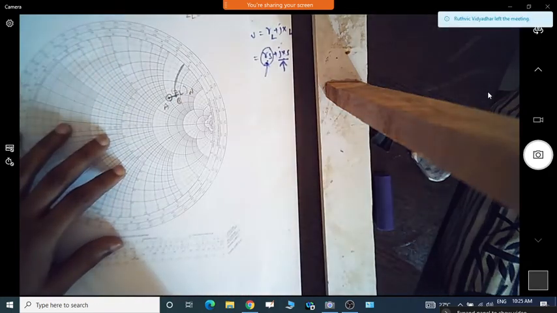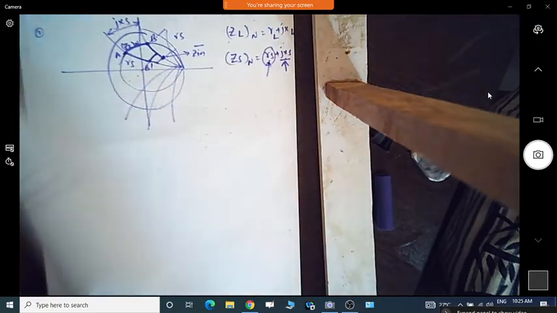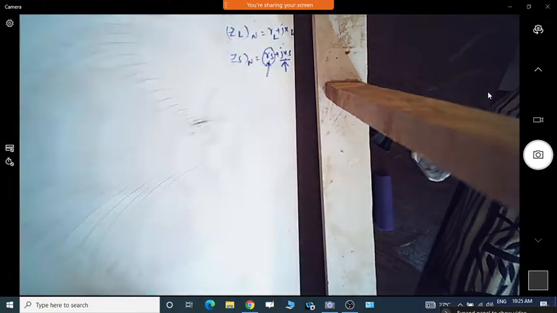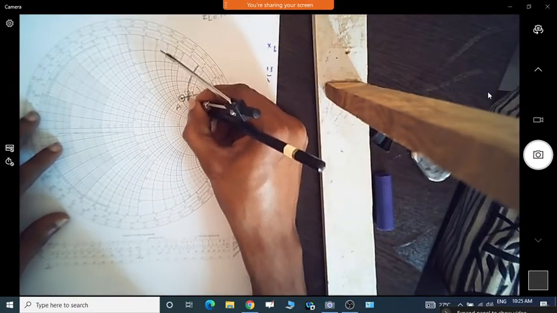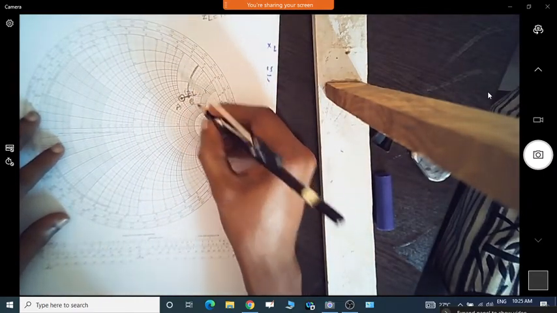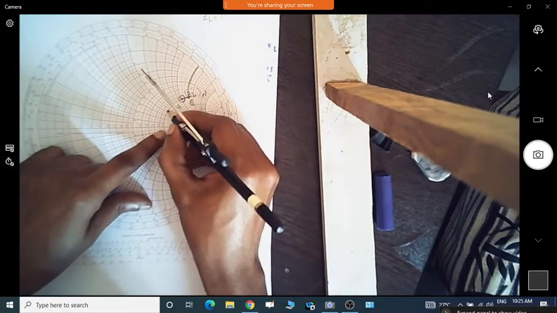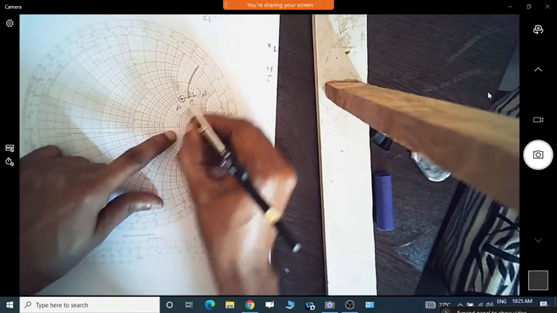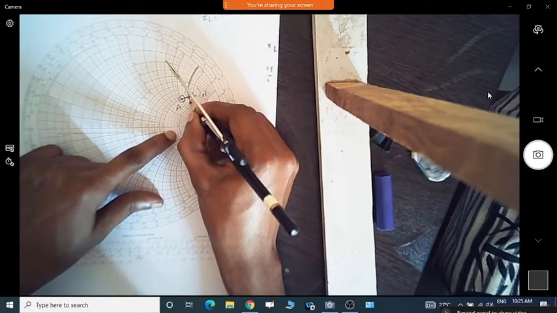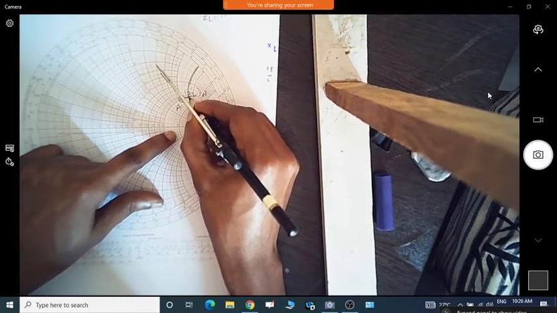Now after adding the reactance, we add the resistance part, which is 0.4, on the constant reactance circle. Now we have 2 here, so 2.2, 2.4. We have to add only this much, only 2 small circles you need to move.